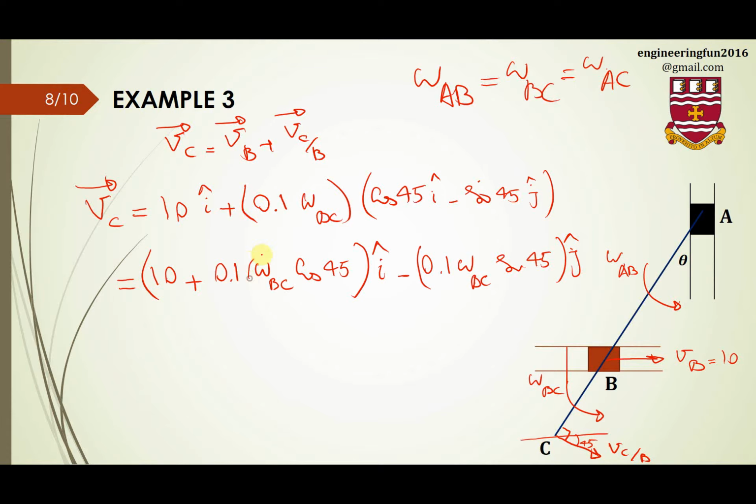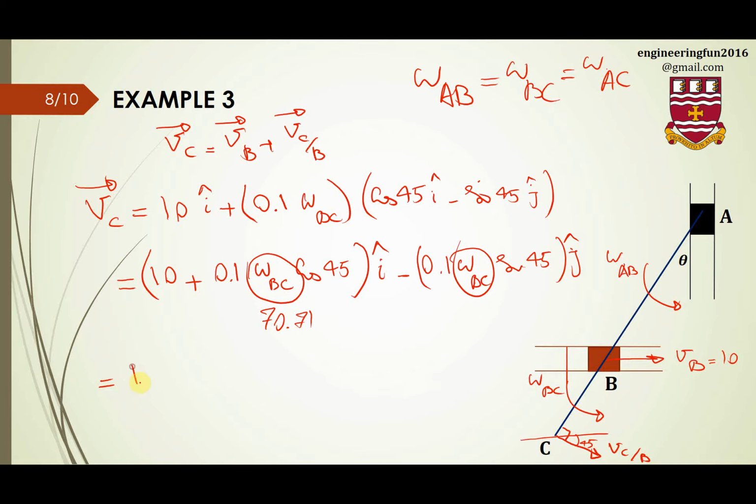So here we have omega BC. We found omega AC in the previous step, so we can just substitute that value here, which was 70.71.